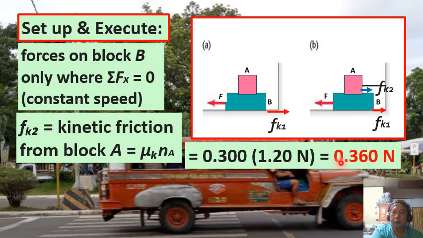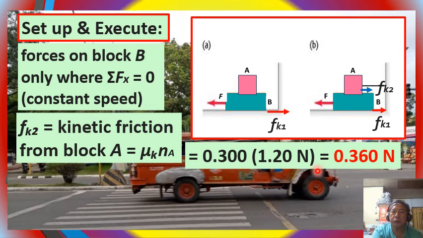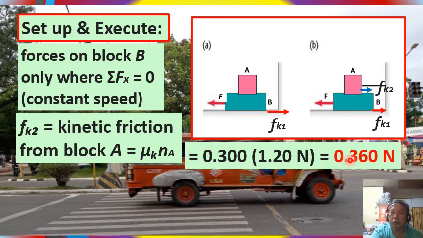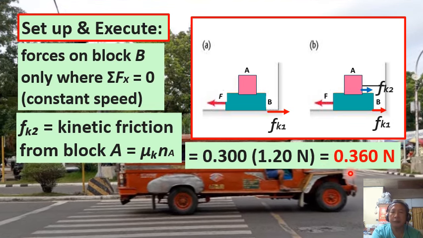So we get the magnitude of the kinetic friction number 2, or F sub K2, equal to 0.360 newton in 3 significant figures.